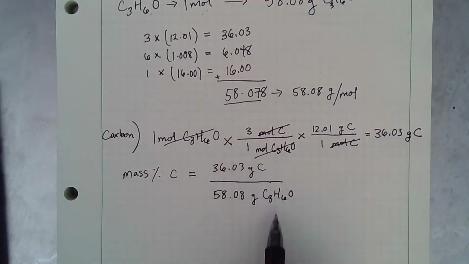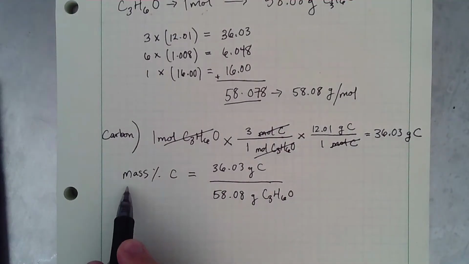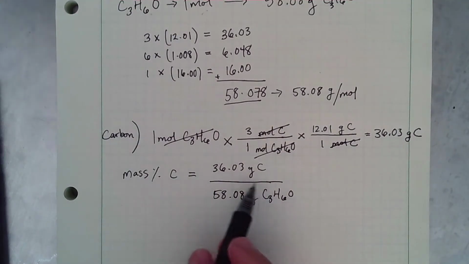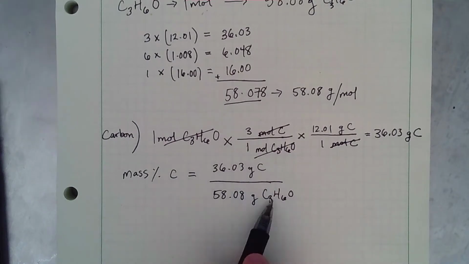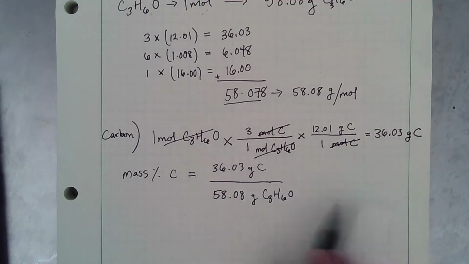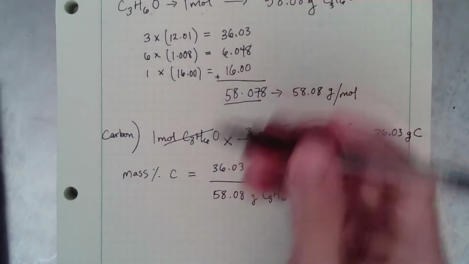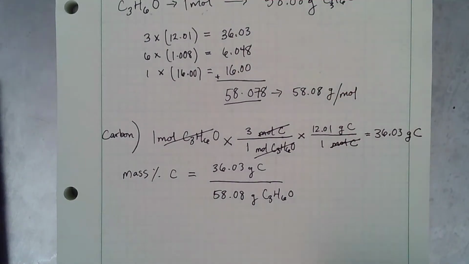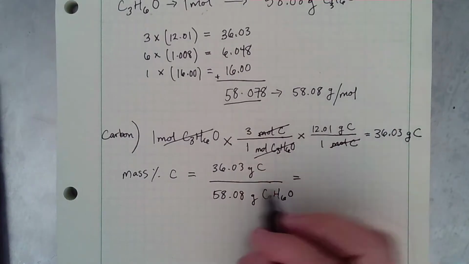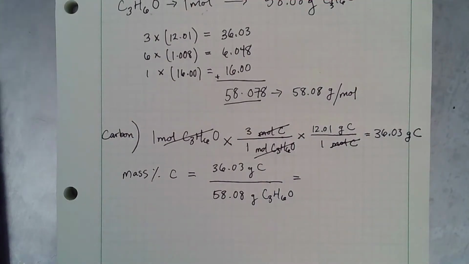Now, these units don't cancel, and that's okay. We're calling this the mass percent. I'm not going to keep writing this unit over and over, but grams C per grams of acetone is the mass percent of C. They don't cancel out, like I said, but they are still there.